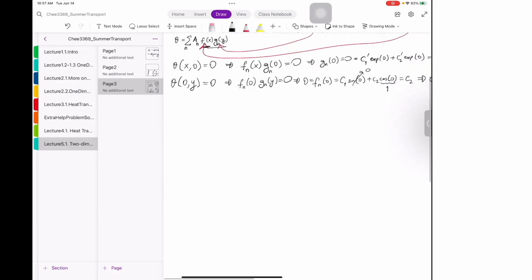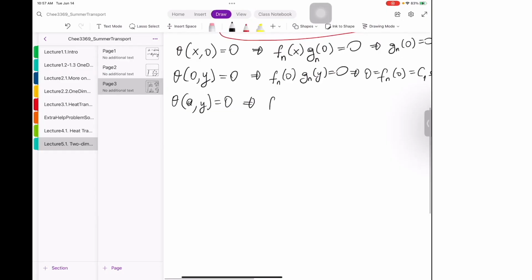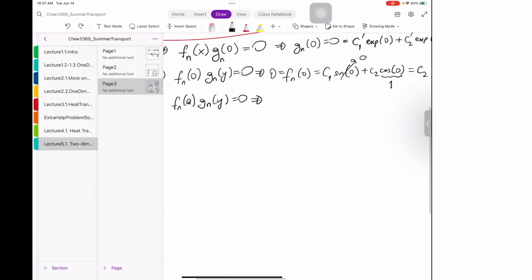And what else do we have? We have theta at a comma y is equal to 0. That means f_n at a, g_n at y is equal to 0. From here, since this is the constant number, it must be 0. 0 is equal to f_n(a).